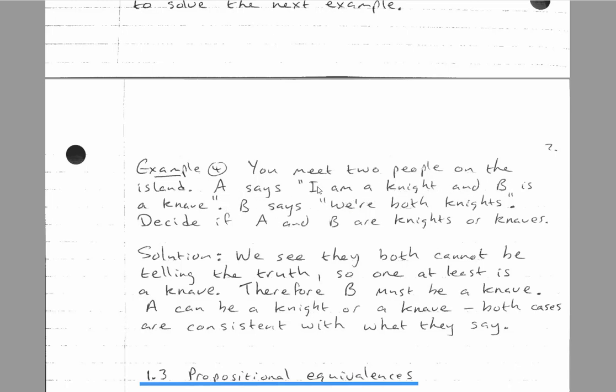If A says, I am a knight, and B is a knave, for that to be false, you just need this part to not be true, that he's a knight. So for this example, all we can say is that B is definitely a knave, and A could be either.